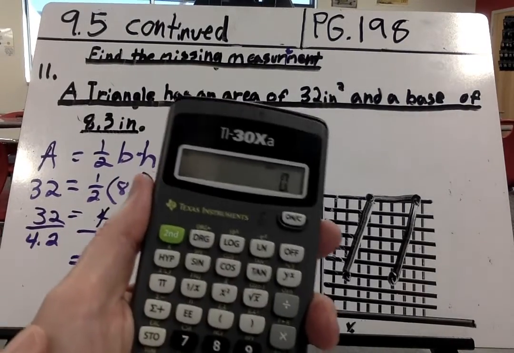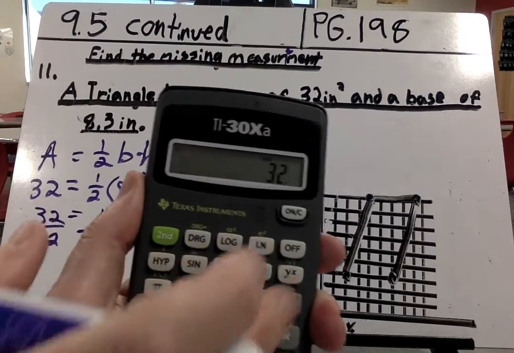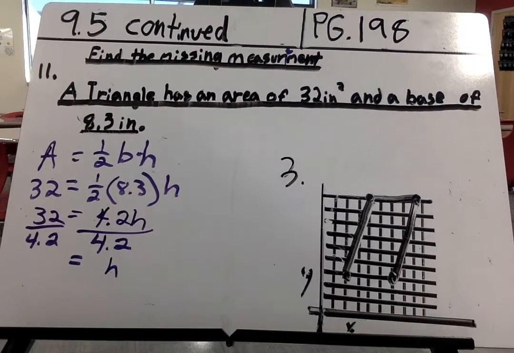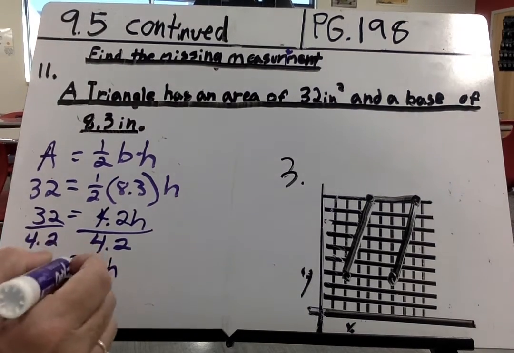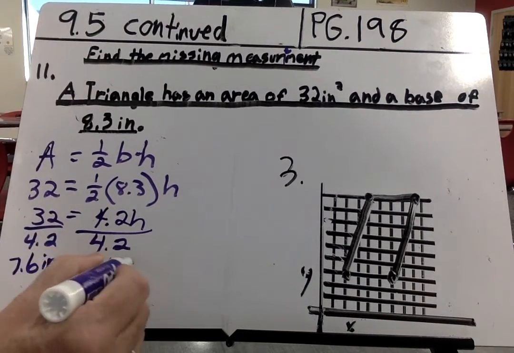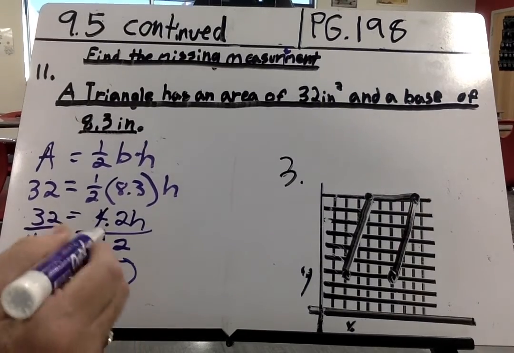So I say 32 divided by 4.2, 7.6. So we say our height is 7.6 inches. It's not squared because it's the height.